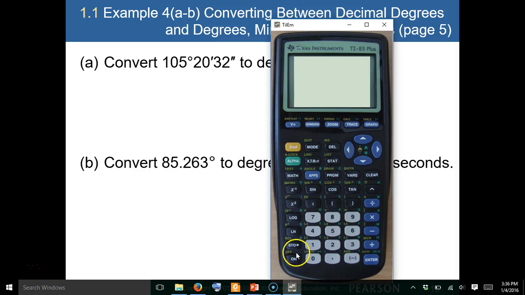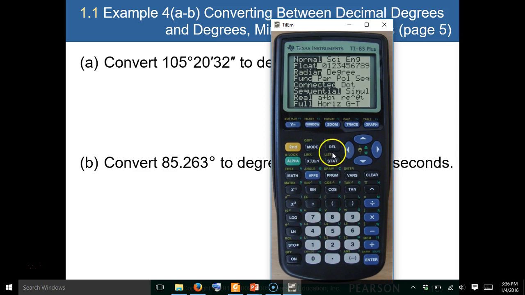So turn it on first. Make sure your mode is actually in degrees, just to make sure your calculator is calculating things properly in degrees. Okay. Get out of that. And now put in 105.